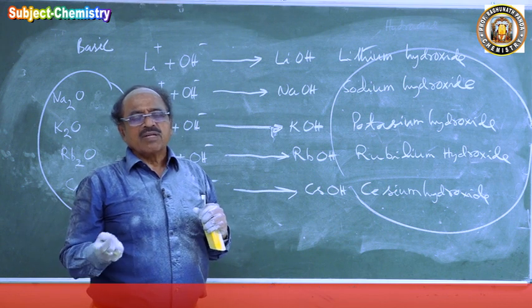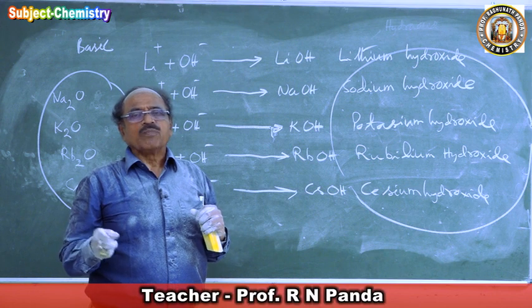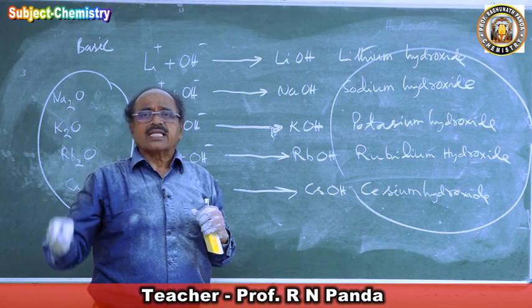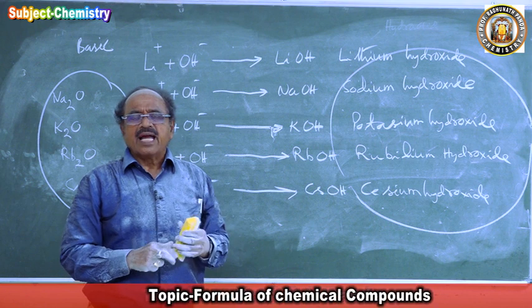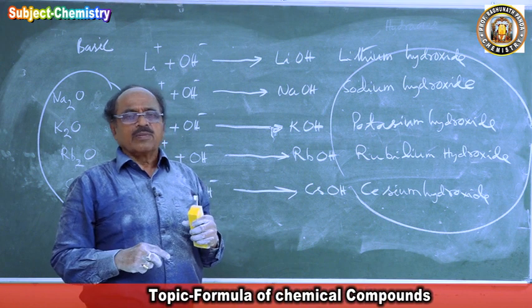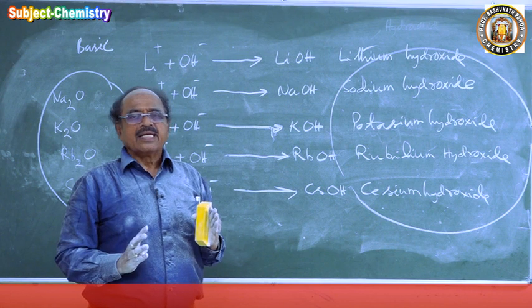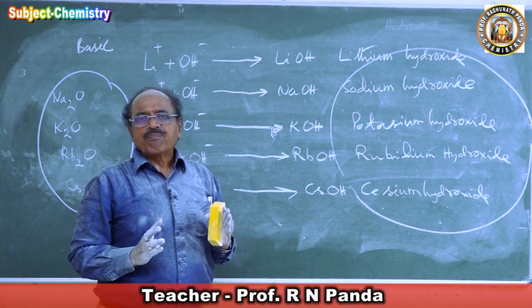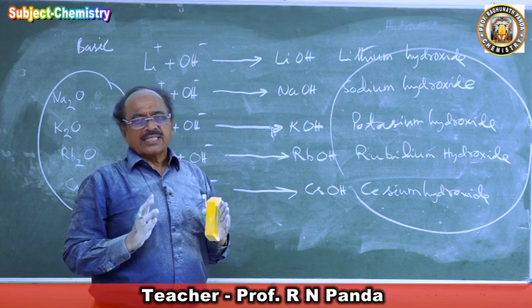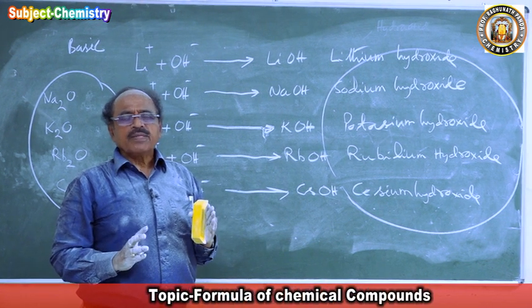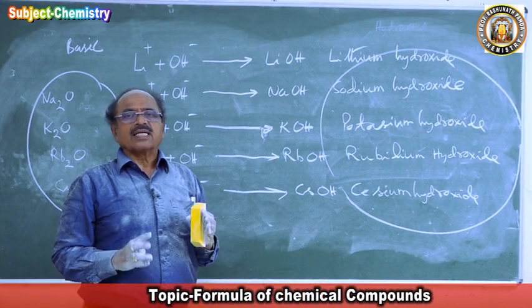Barium plus 2 will combine with OH minus to form barium hydroxide. All these hydroxides are strong bases and soluble in water. Hence all these elements of group 2A, beryllium, magnesium, calcium, strontium, barium, are called alkaline earth metals.